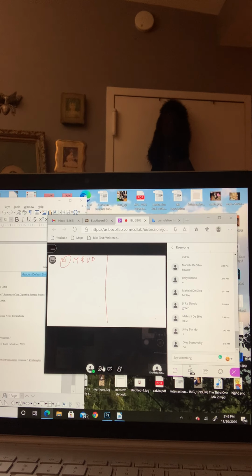I is for the indole, C is for the citrate, and we talk now about the M and the V. The M is for the methyl red, and the V is for the Voges-Proskauer test, because you have two tests here.